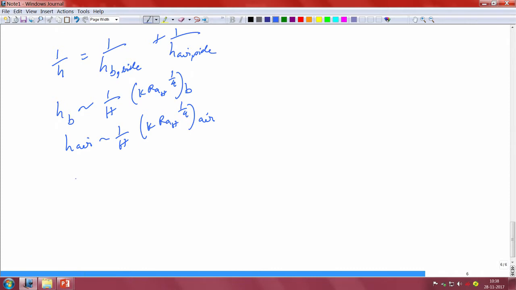So, the same for the same delta T, because your bottle and your refrigerator is kept at the same temperature difference. Okay. So, h_b by h_air, it is basically the ratio of the two. Okay. If you take the ratio of the two, it comes out to be around 58.1.